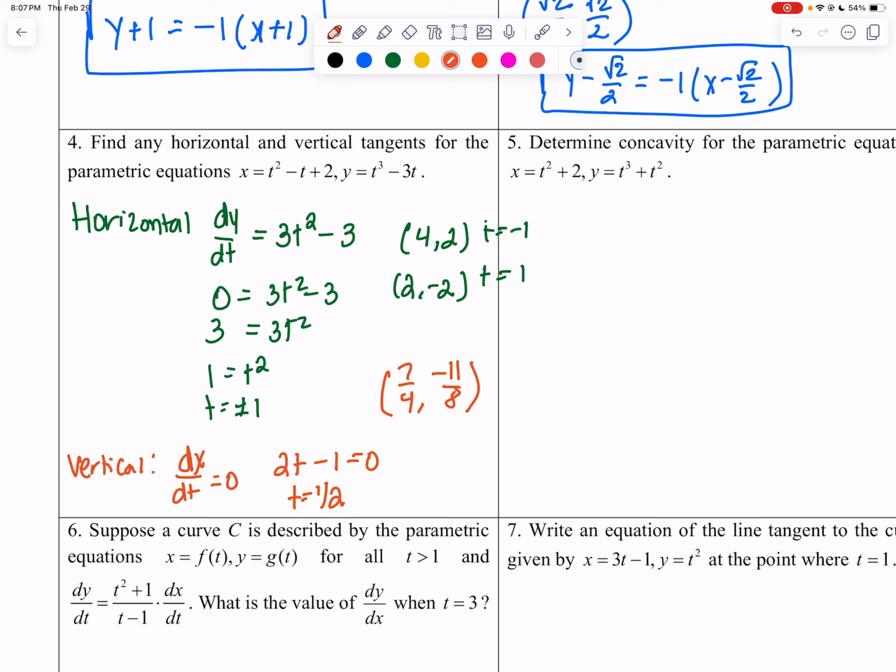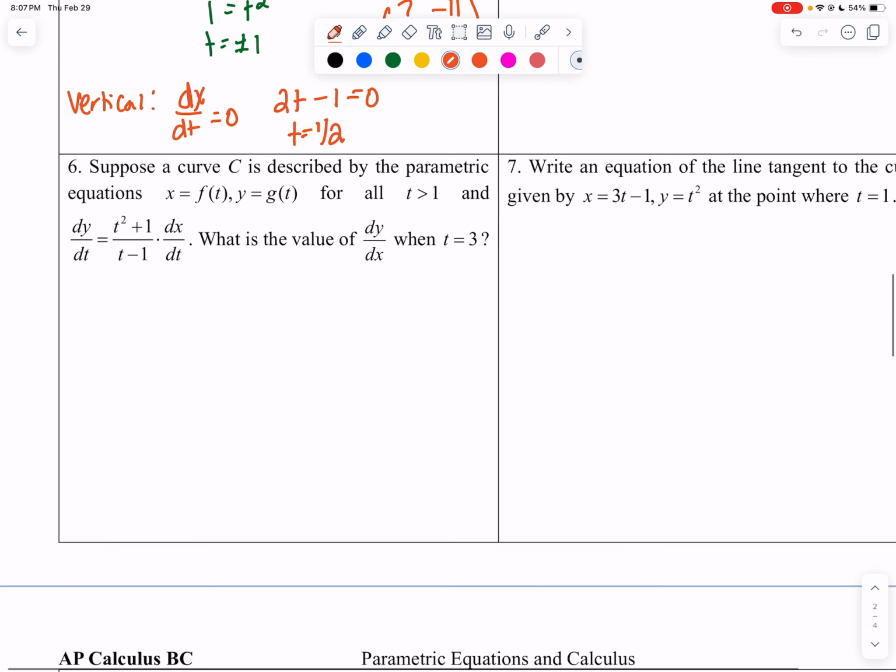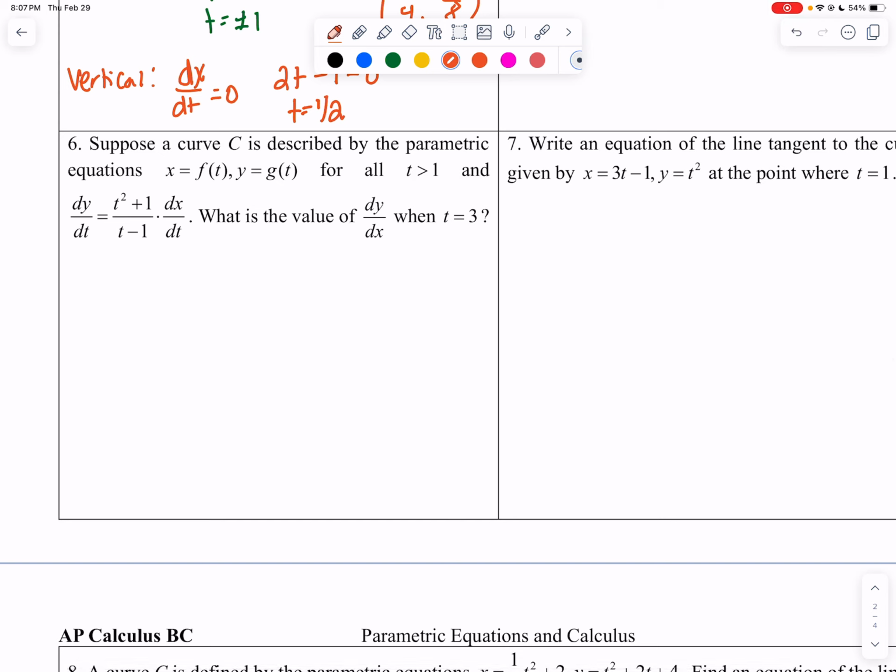All right. Number 6. Suppose that a curve C is described by the parametric equations x is equal to f of t and y is equal to g of t for all t greater than 1. And we have this lovely thing right here. That looks like a mess. And then it says, what's the value of dy/dx when t is equal to 3?